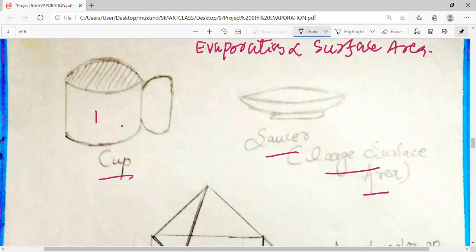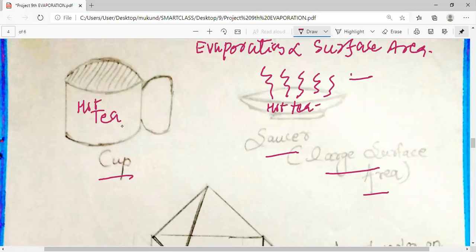Now, suppose you fill hot tea into the cup, and you also fill hot tea into the saucer. What happens? The water present inside the tea in the saucer will evaporate. Same way the water inside the cup also evaporates.